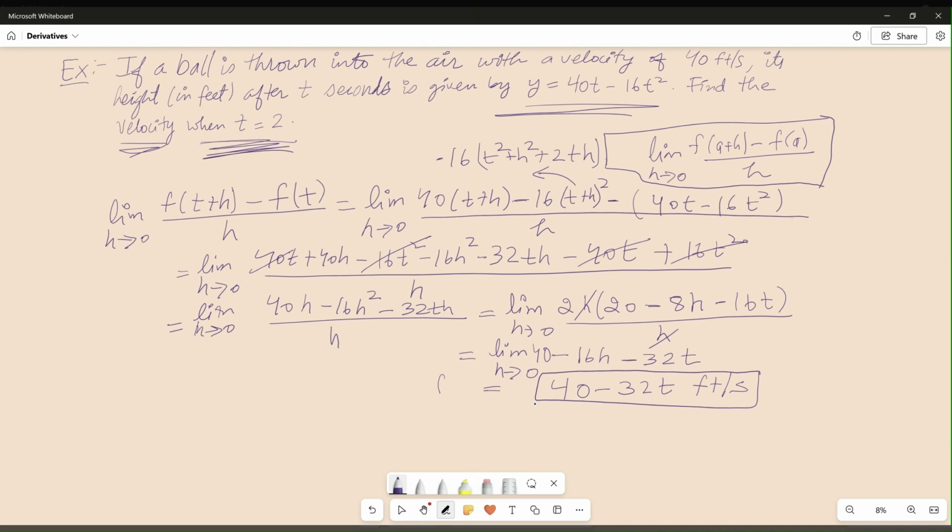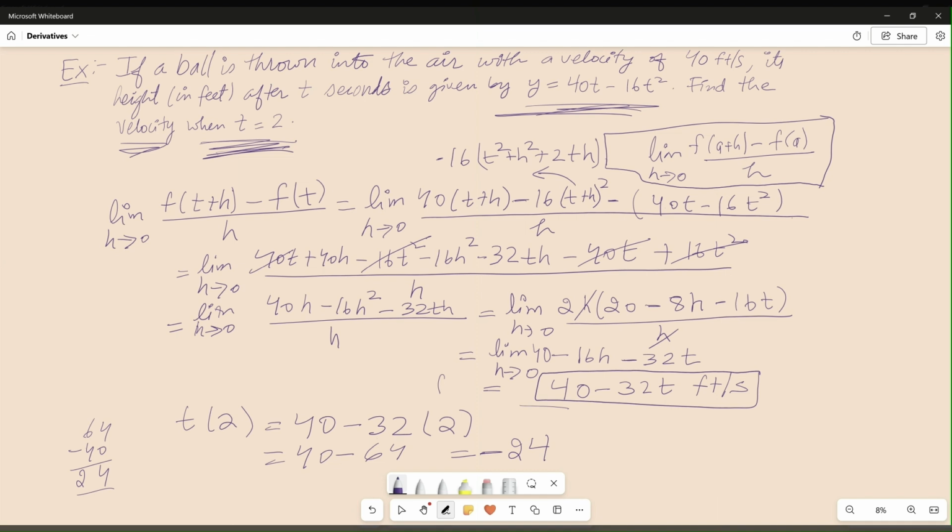Now that we have the rate of change, the derivative of this function, we can simply plug in the value. f prime of 2 is equal to 40 minus 32 times 2. 32 times 2 is 64, so this is 40 minus 64, which is negative 24.